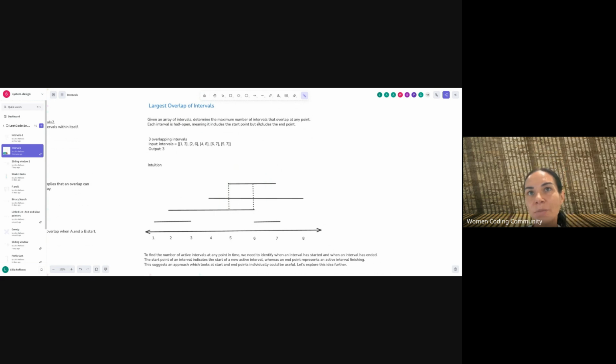What does excluding the endpoint mean? In this case, you can see the end and start intersect, but we are not saying that this one is actually overlapping with this one. So only those three elements overlap. This one is not included in our output.